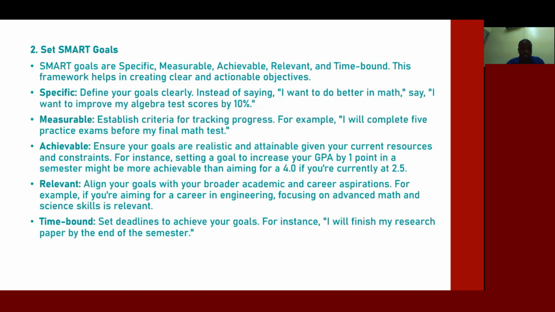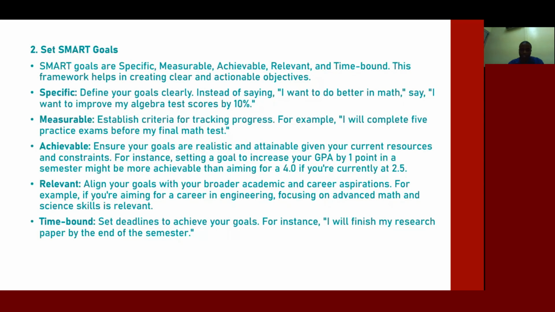We can also set SMART goals. So SMART goals are specific, measurable, achievable, relevant, and also time bound. So they help us create clear and actionable objectives. So number one, the goals have to be very specific.